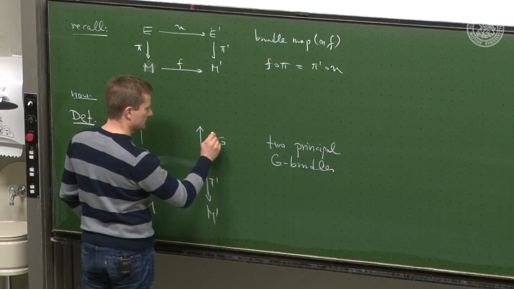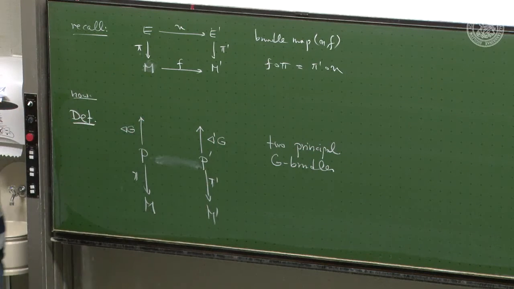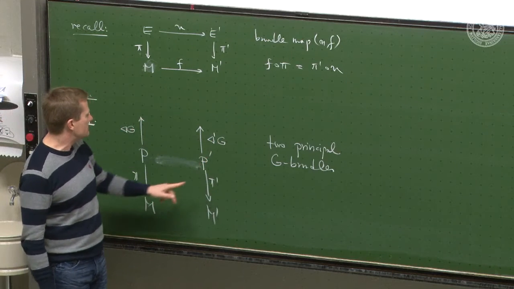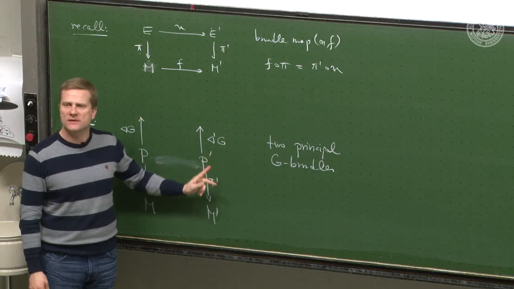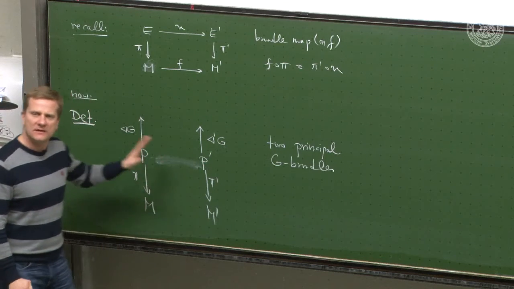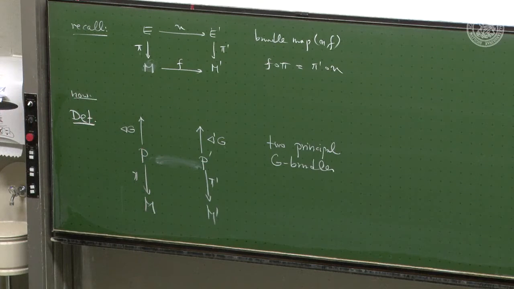For instance, this here is also the primed action, because the group may act on this total space entirely differently from how it acts on this total space. We, however, want to assume that it's the same group acting. But even that needs to be generalized, but let's do it this way.